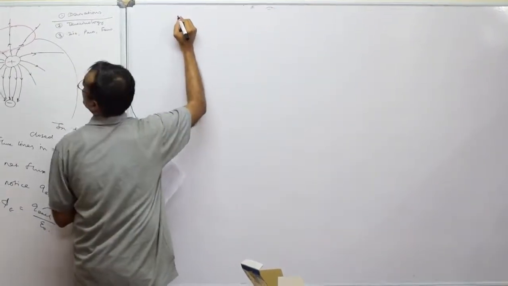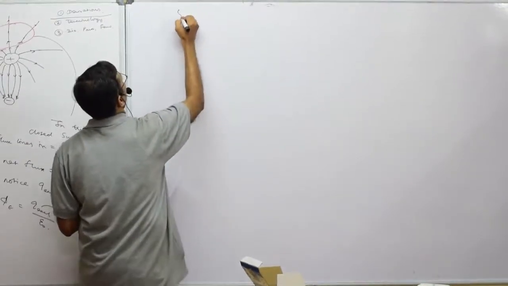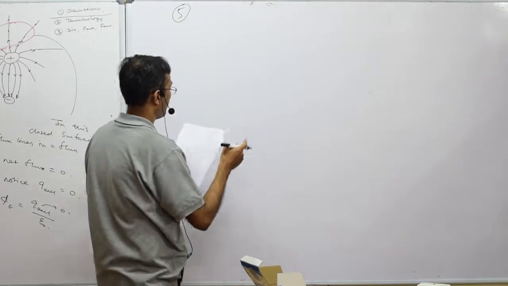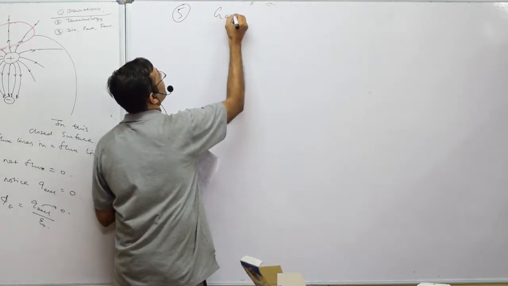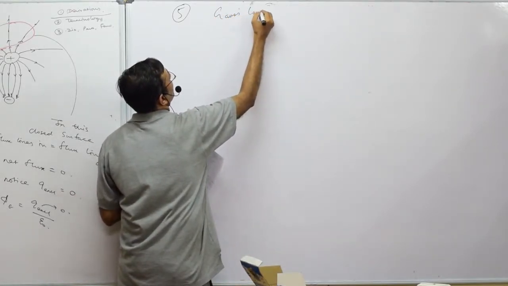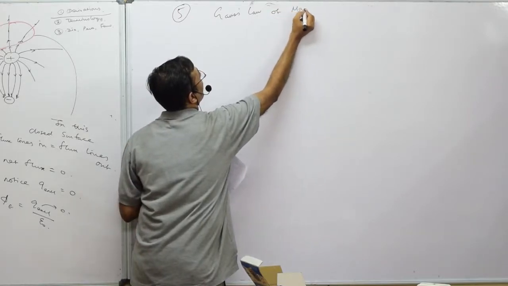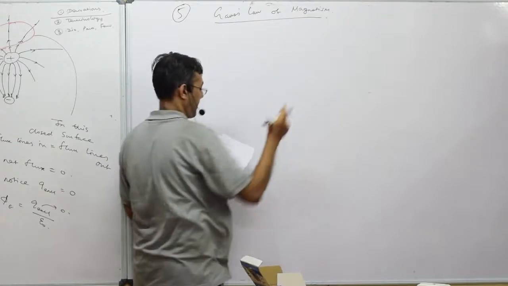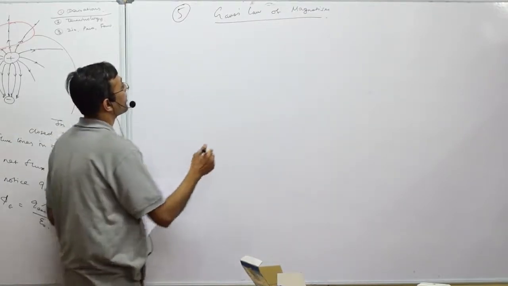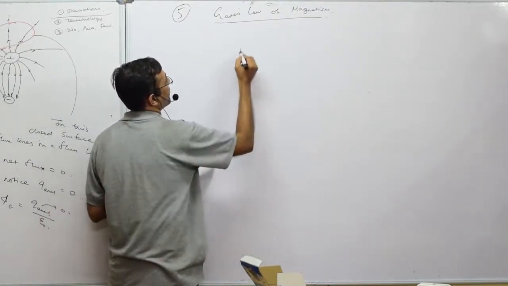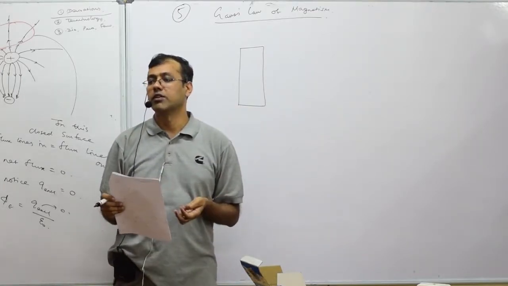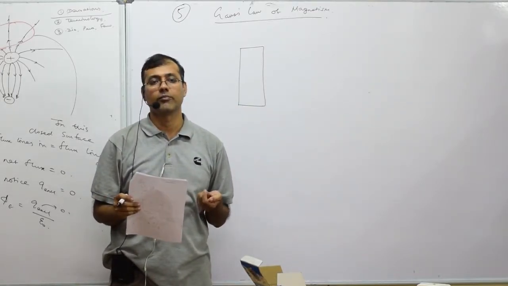Now we need to talk about, so the fifth topic again, that is just a repeat of what we already know. So the Gauss's law of magnetism. So in this case, anybody remember what is the main difference between the electric field lines and magnetic field lines?